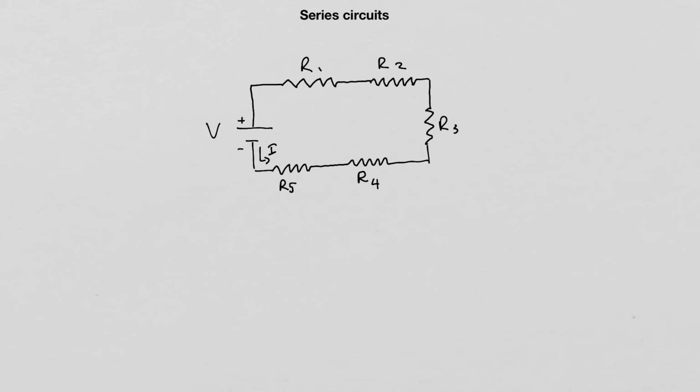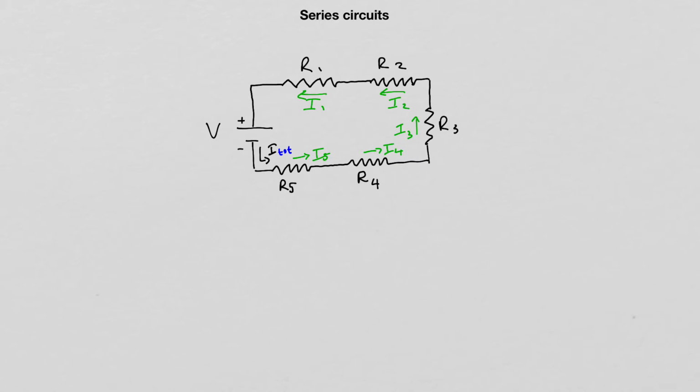The current that the power source applies to the circuit, I'm going to refer to as I total, while the current in each of the resistors I will refer to as I1, I2, I3, I4, I5 in this particular circuit, and then depending on how many resistors you actually have in a series circuit, that will also tell you how many individual currents you have based on the number of resistors.